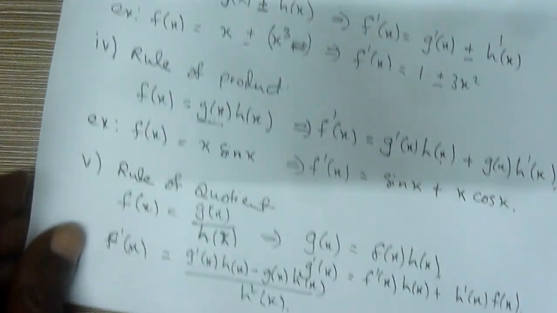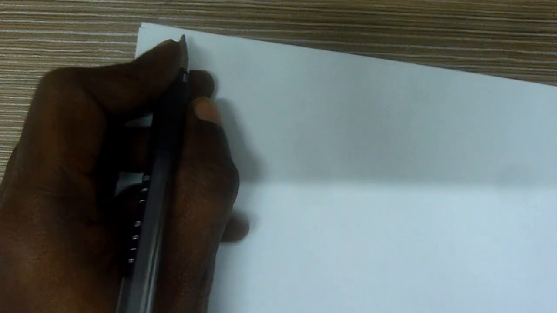Now let me give you one example of how to solve with the quotient rule. Can I pick one simple example for that? What is the best? Okay, I will choose one of the examples here.